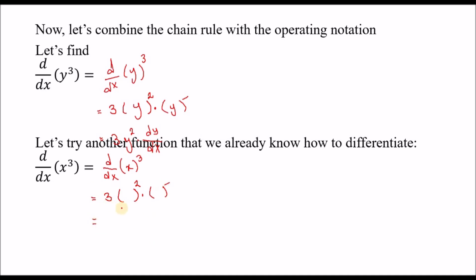So now this is equal to 3 times what's inside the parentheses, x to the second power, times the derivative of x, which is dx over dx. Now the derivative of x with respect to x is equal to 1, as we expected. So the final answer is going to be 3x to the second power.